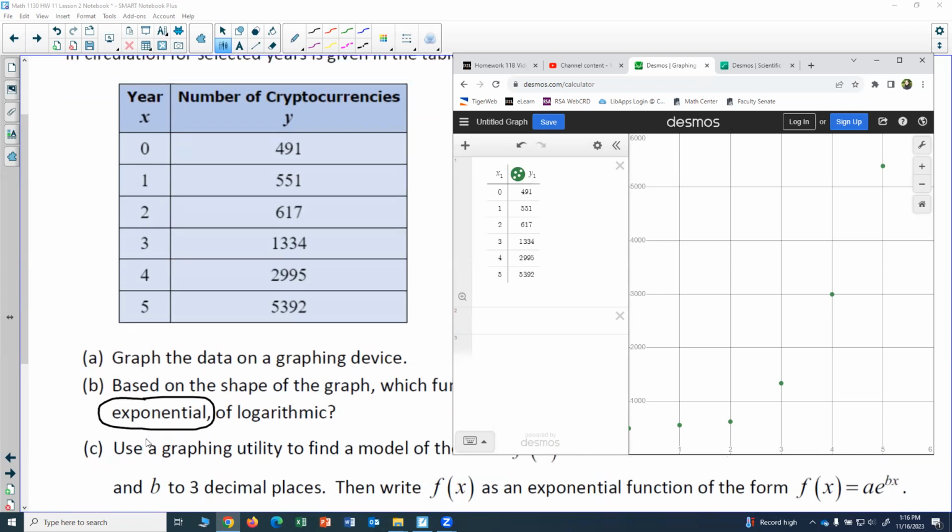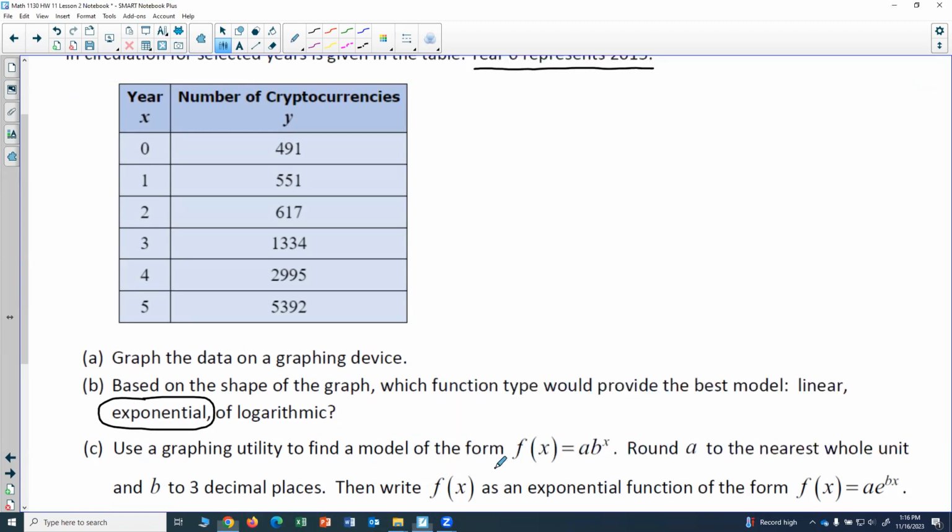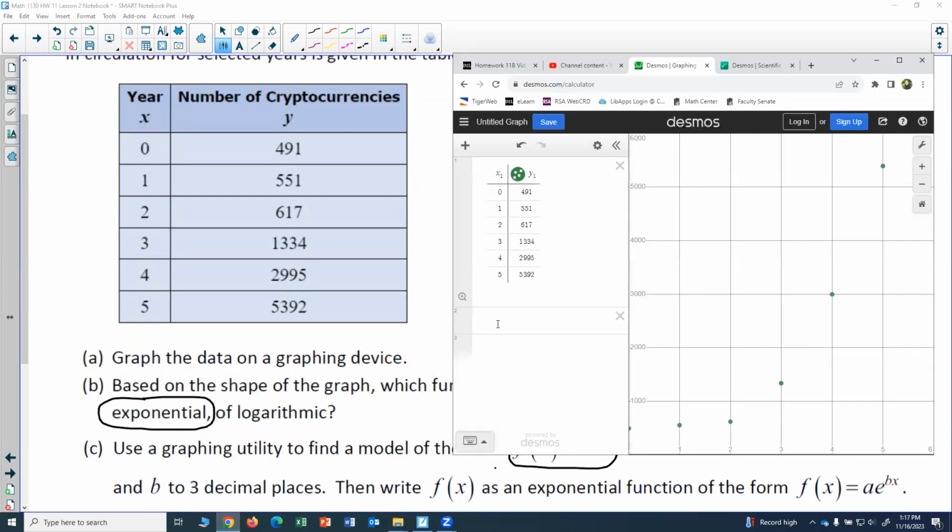Now we're told to use a graphing utility to find a model of the form f of x equals a times b to the x. So in Desmos, I'm going to go to the second box here, and I'll type in y1.